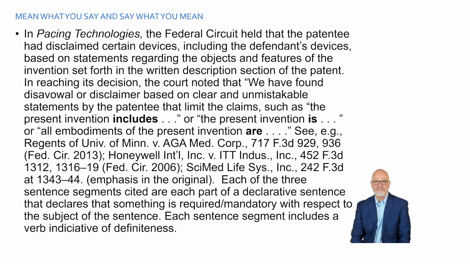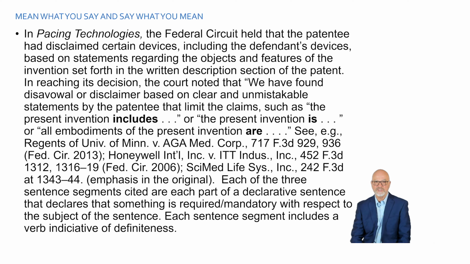Each of the three sentence segments cited are each part of a declarative sentence. That declarative sentence declares that something is required or is mandatory with respect to the subject of the sentence.